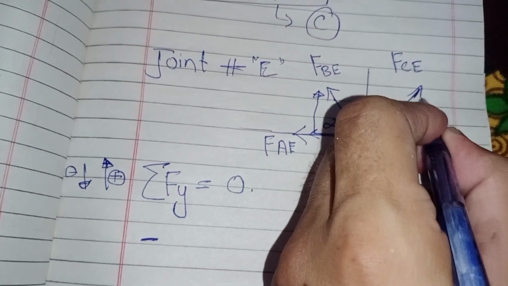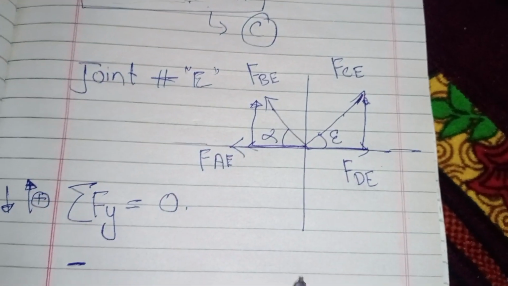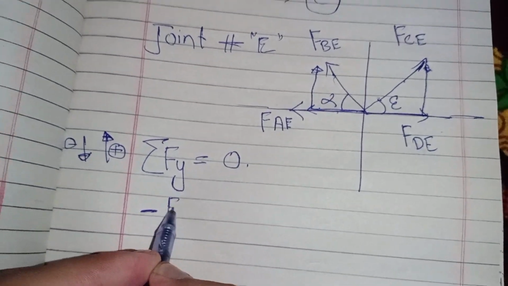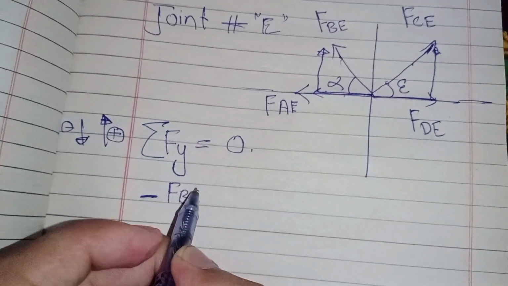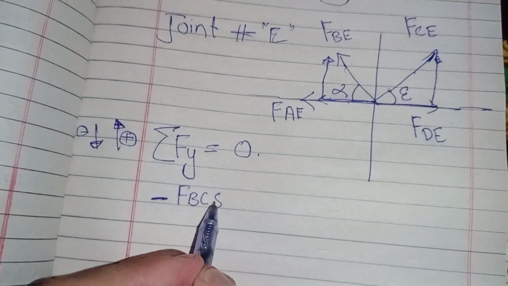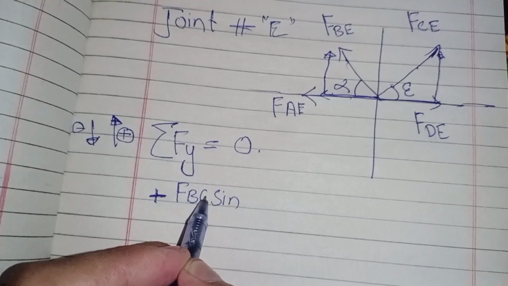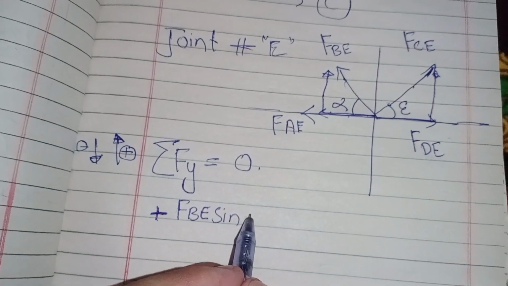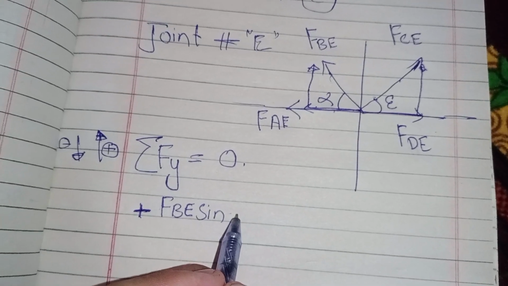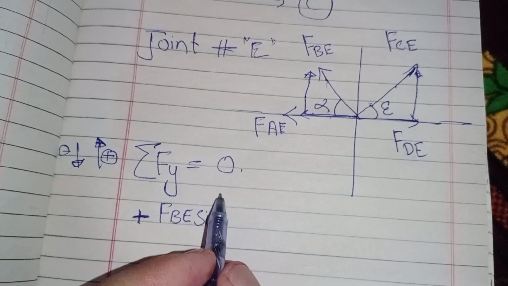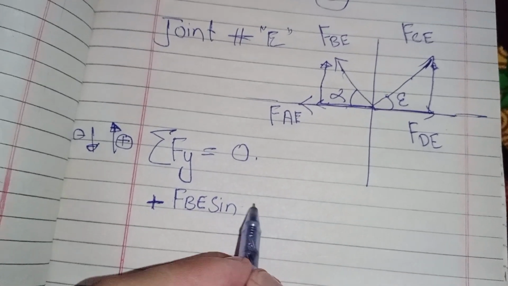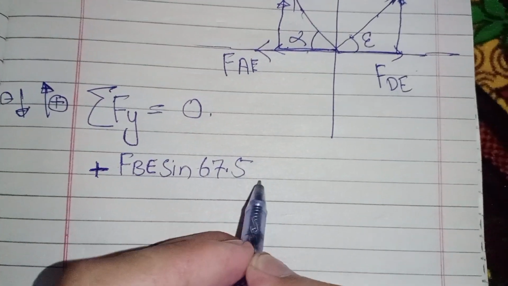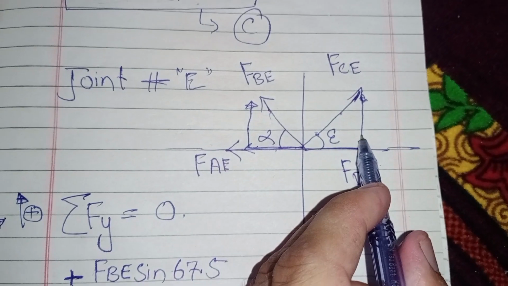So F_BE sin alpha, value is 67.5, is also a vertical component.